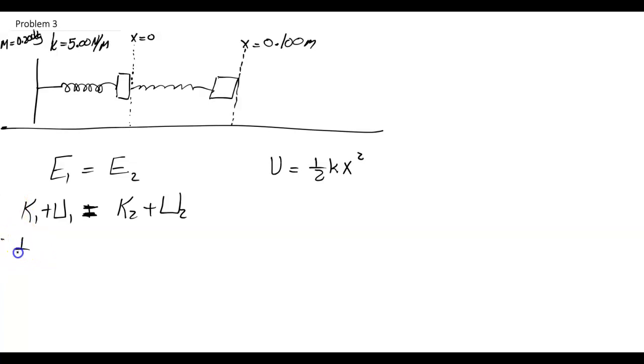So this is going to be 1/2 mv1 squared plus 1/2 kx1 squared has to equal 1/2 mv2 squared plus 1/2 kx2 squared.